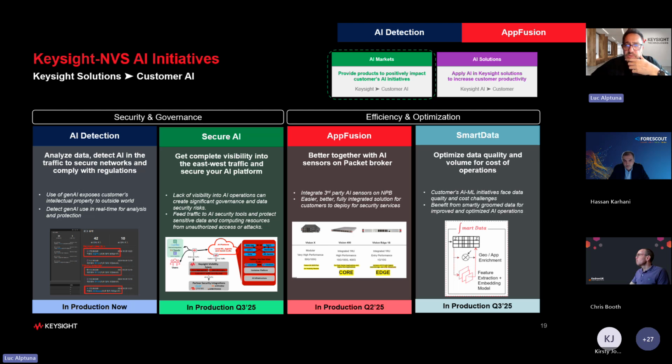App Fusion is what we discussed with the integration of third-party tools within our NPB. We obviously can also continue to have the tools sitting outside of the NPB and fed regularly. Smart data on the right-hand side is more focused on operators and service providers.